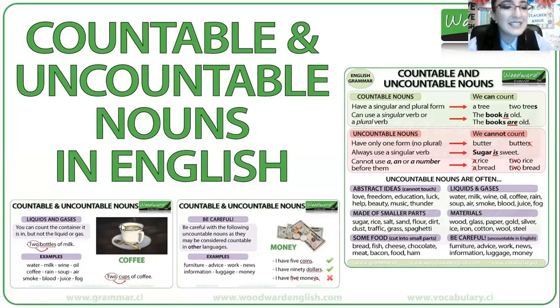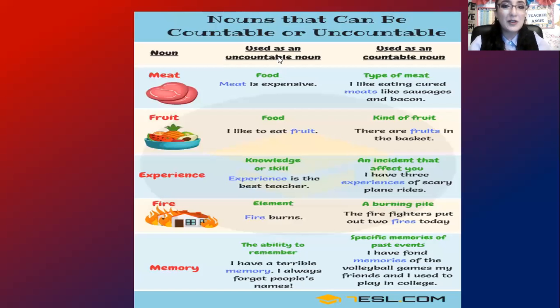Excellent. And we were saying that if we are talking about liquids, gases, if you use a container, now it is going to be countable. If you don't use a container in order to talk about it, it is going to be uncountable. Super cool. And we were talking about these nouns that can be countable and uncountable depending on the situation, right?